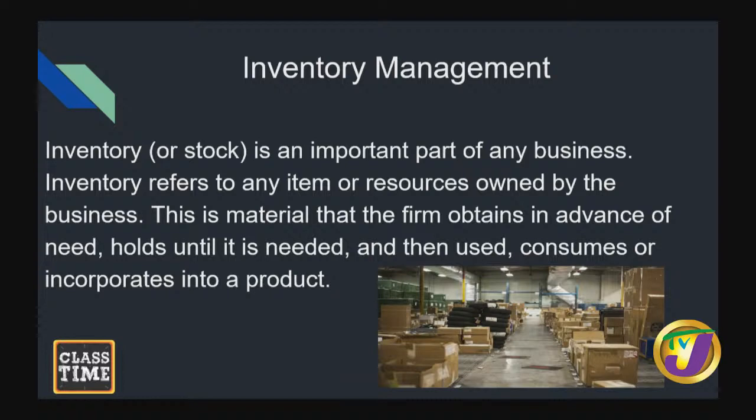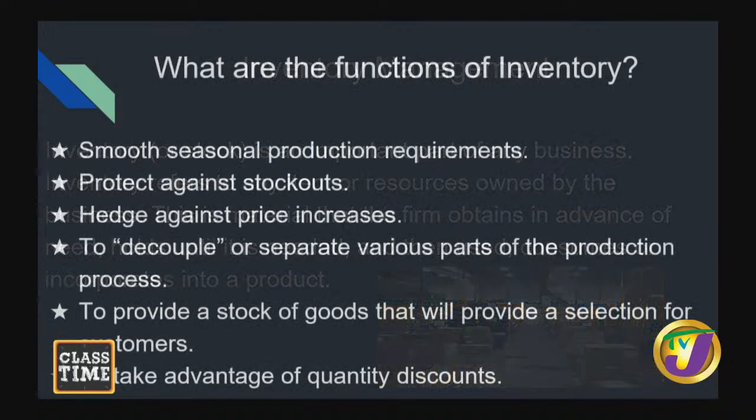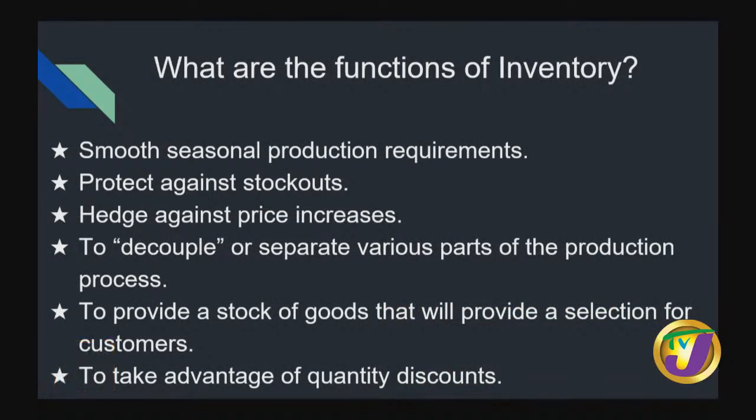All right. So what are some functions? Because we already know what inventory management is, right? What are some functions of inventory? Let us look at them. Smooth seasonal production requirements. So you're looking at the different seasons, because remember now we're near to the Christmas season, so therefore certain goods, certain products your company will want to provide for customers, because you're looking at that type of season where you're going to need Christmas trees.